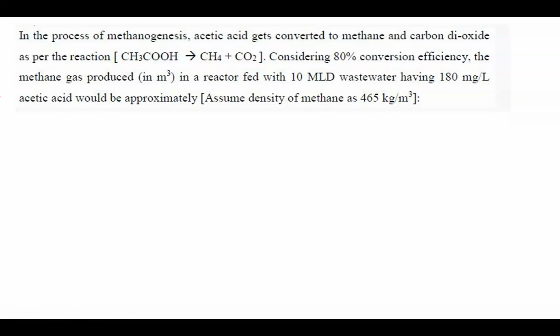So the first step is we have to find the total mass of acetic acid per day. Total mass of acetic acid per day, so this we have to find out.